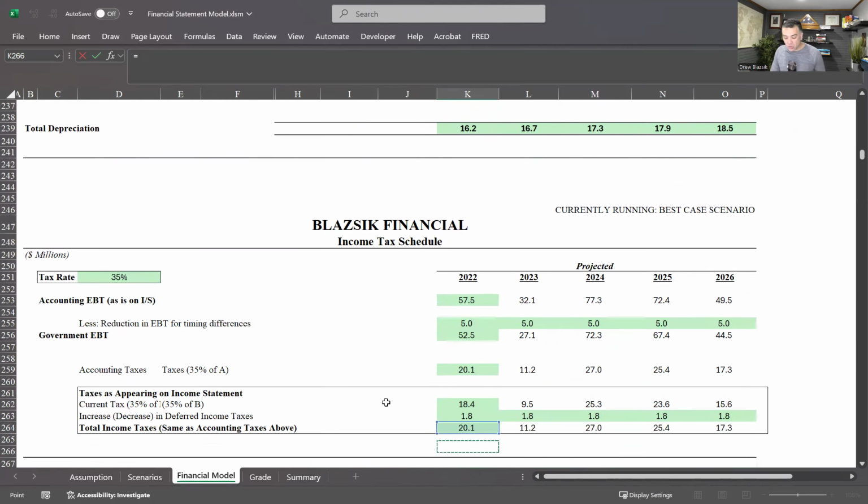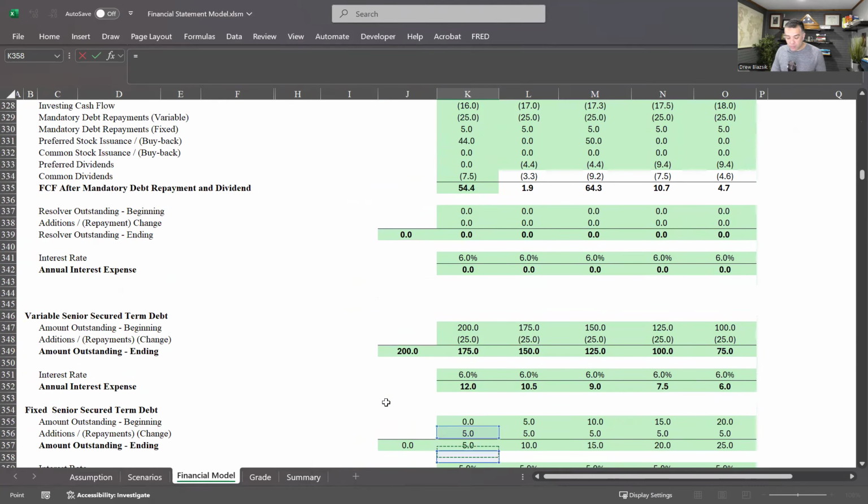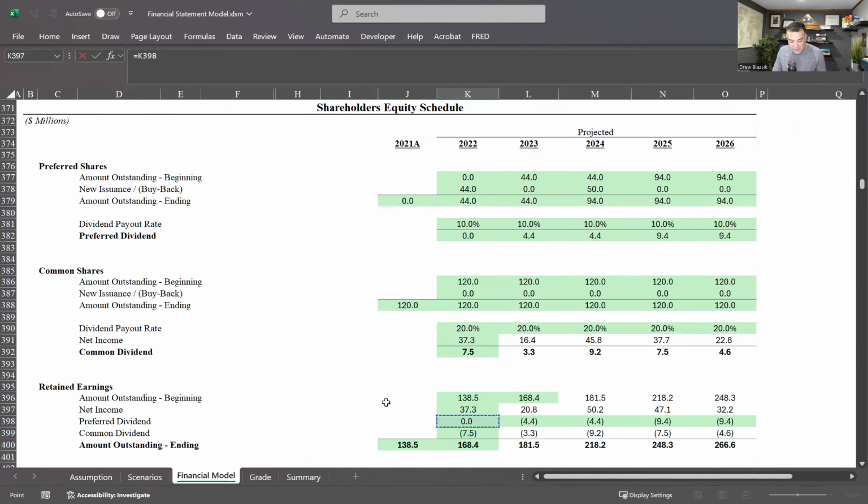And what I wanted to show you is there's two ways of doing this. Here's the schedule here. We have the dividends paid here. Now, if I selected this one, it's going to automatically just select that. Then I have to select the next one to go to common.